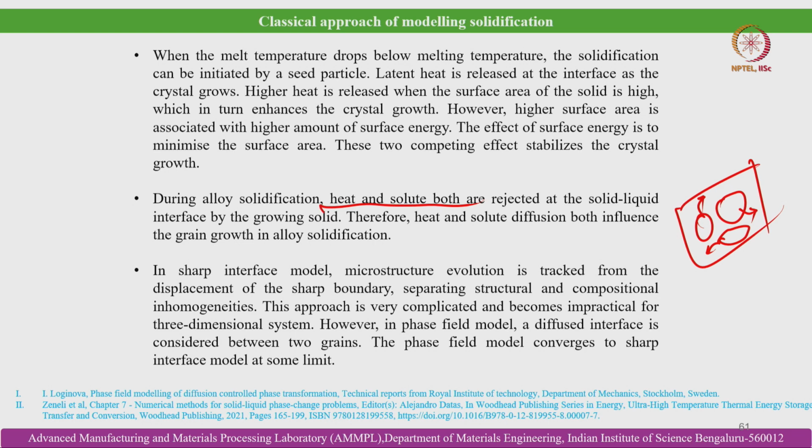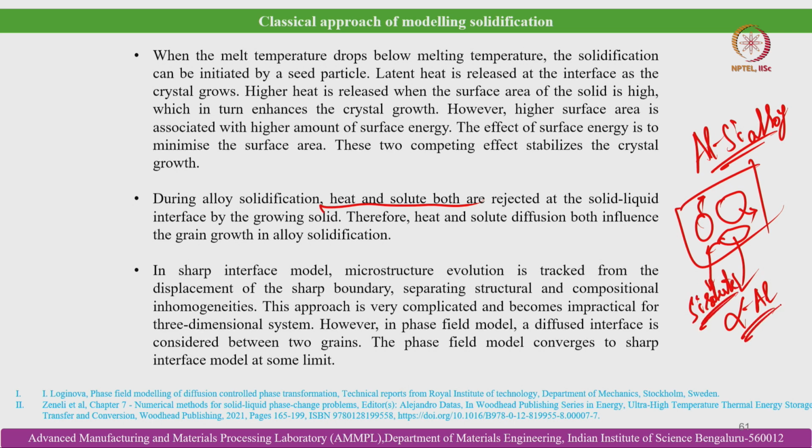If we take the example of a typical binary aluminum silicon alloy, the growing grains are alpha aluminum grains, and the solute getting rejected is silicon. Silicon serves as the solute in this case.